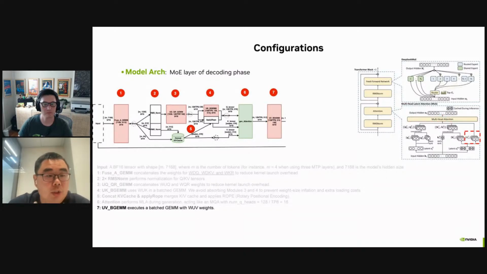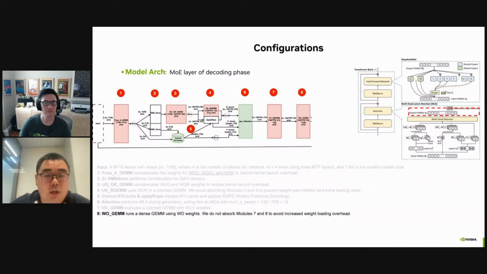The output of the attention will be fed to the UV batch GEMM, and the output of the UV batch GEMM will feed to the last dense GEMM, our output projection GEMM. And again, we do not absorb module 7 and module 8 to avoid increasing the weight loading overhead.